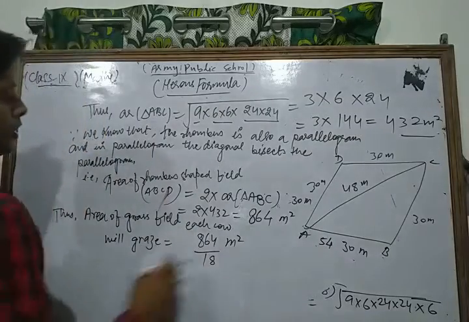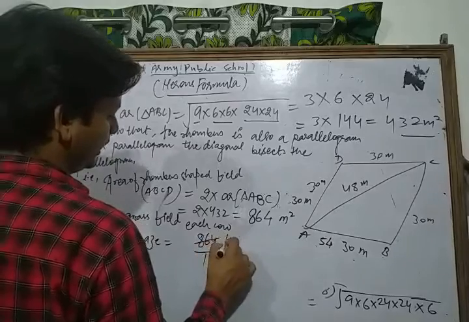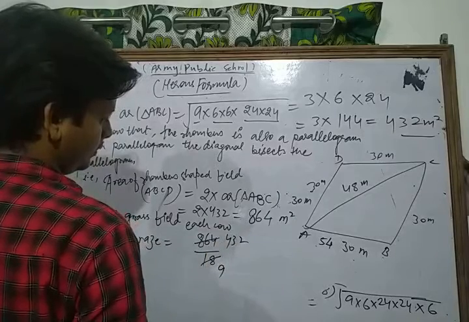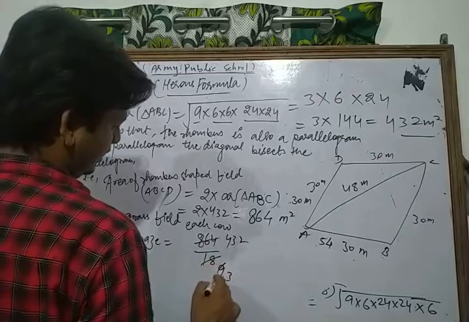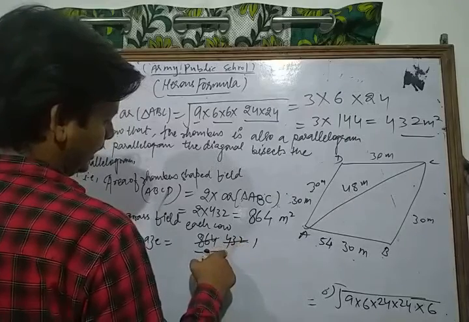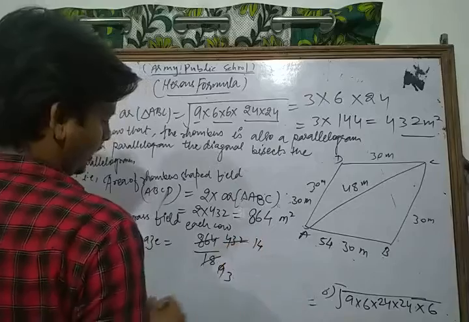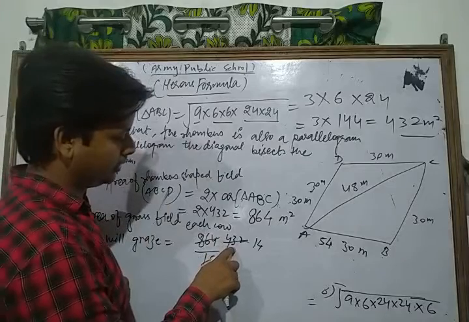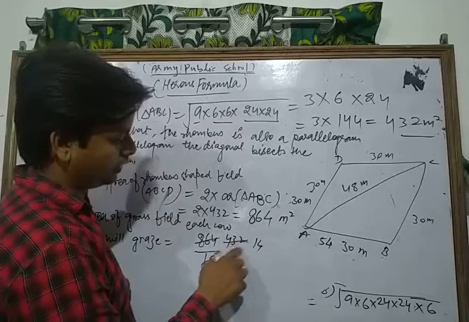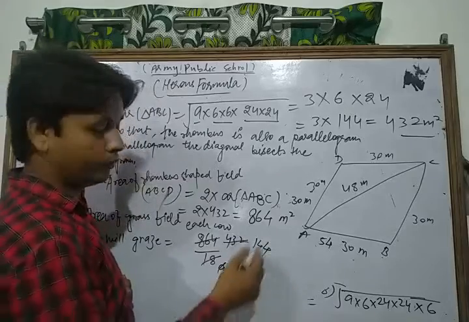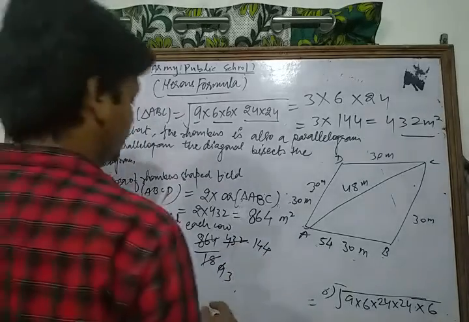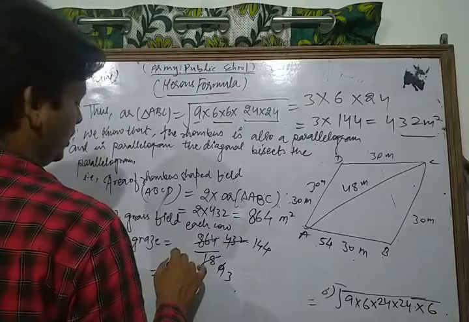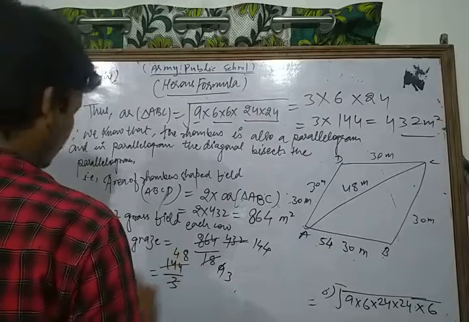Now we simplify them. Let's see. Dividing by 3, 3 3s are 9, 3 1s are 3, 3 4s are 12, so we get 144 upon 3 after dividing. Then 3 4s are 12 and 3 8s are 24, which is 48.